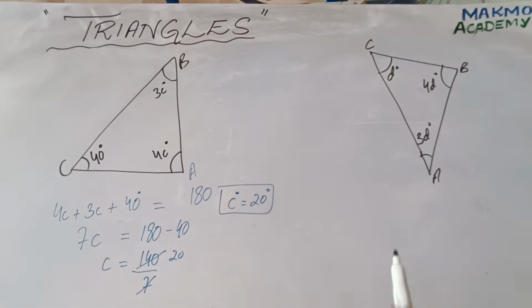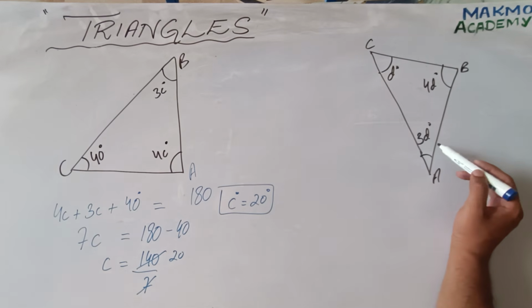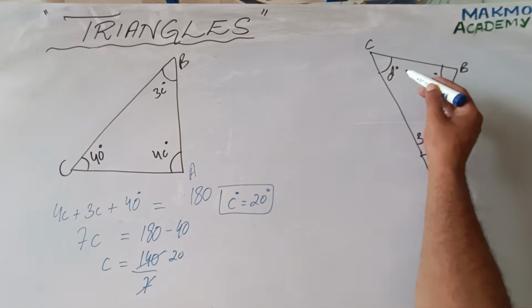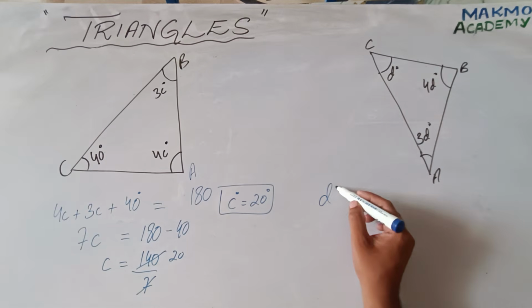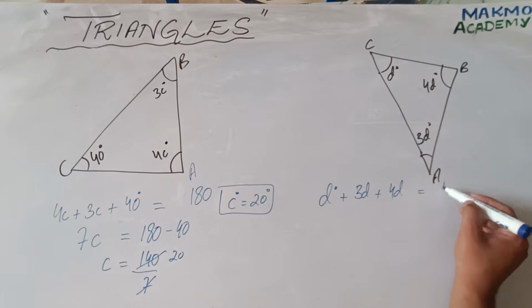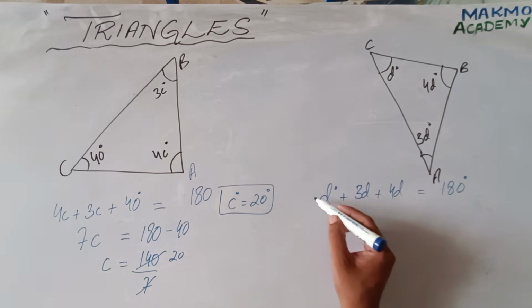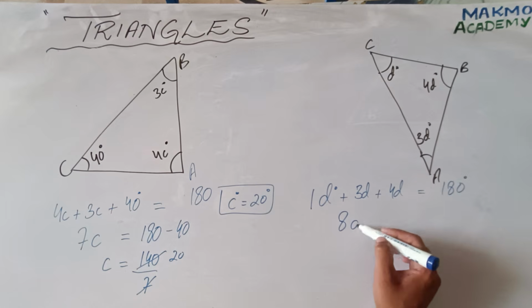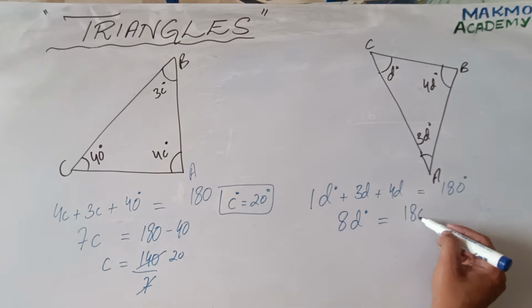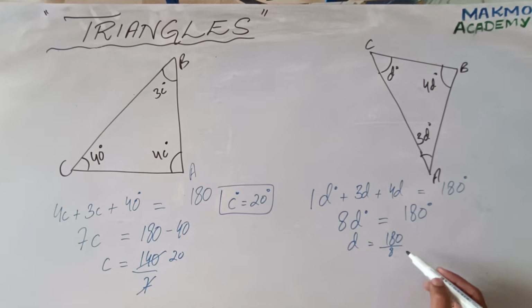This was very easy. Now in this problem, all the angles have D in each angle: 3D, 4D and D. Again, 3D plus 4D plus D is equal to 180 degrees, the angle sum of a triangle. 4 plus 3 is 7, 7 plus 1 is 8D is equal to 180. Then D is equal to 180 divided by 8.